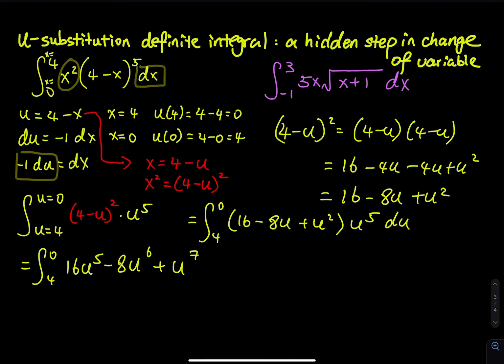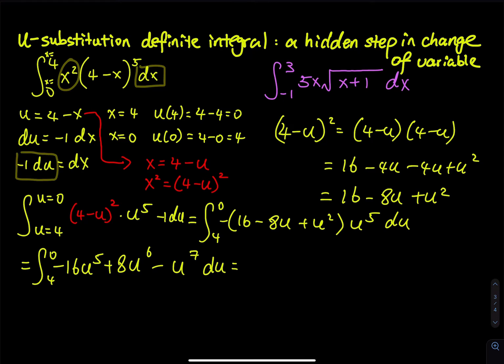I forgot the negative 1, so I'm going to put it back. So after we distribute the negative, we have a minus, plus, and then a minus, and then this is a du.